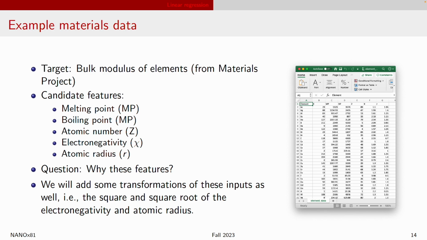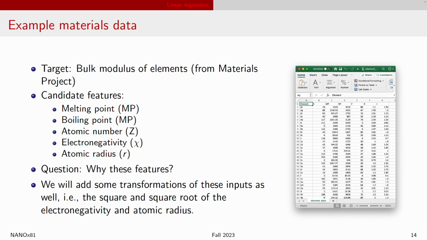It's a reasonable assumption that they are essentially related to the bonding strength between the atoms. And the bulk modulus is also related to the bond strength between the atoms. Now, there's no good reason to use atomic number. I'm throwing it in there just as a more or less irrelevant variable.